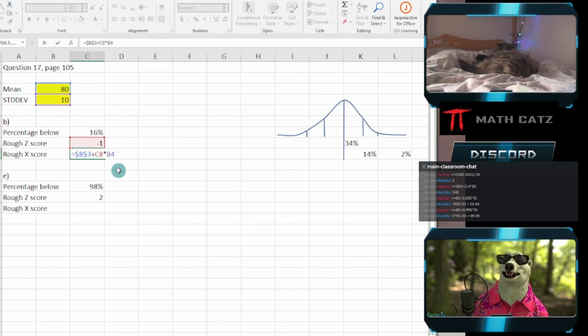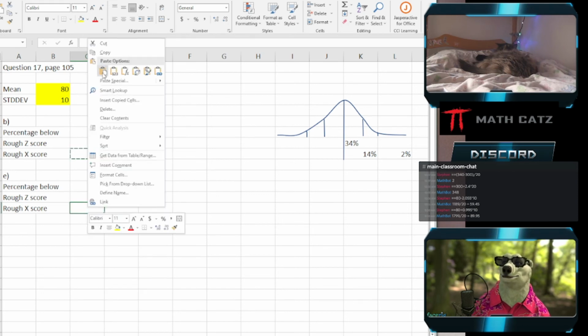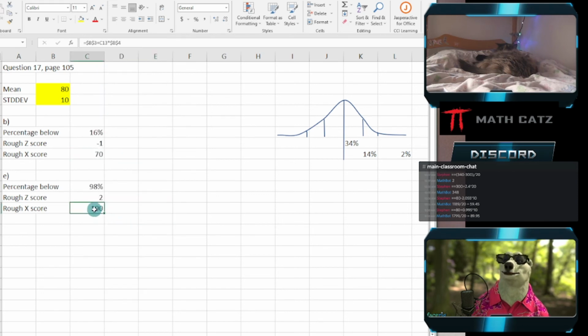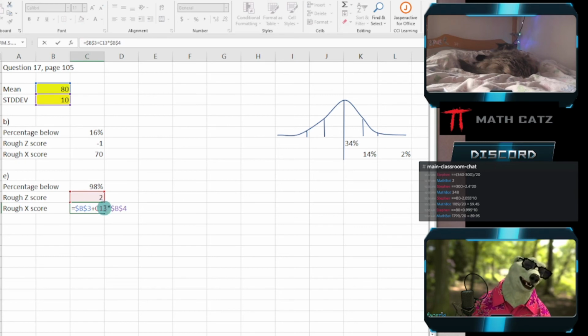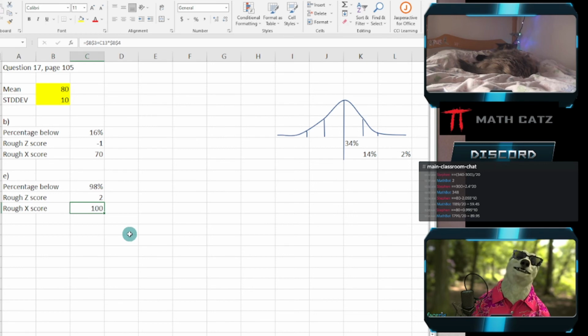Standard deviation is always the same, fix that cell, and then I can just copy and paste. And then you see it has updated the z-score because it was in the same relative position, but the original mean and standard deviation are still used. And it makes total sense because from 80, two standard deviation steps will be 20, putting me at 100.